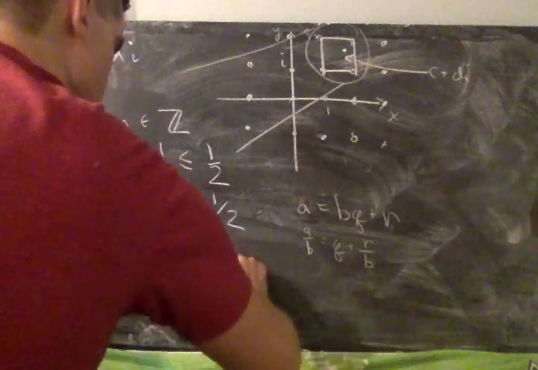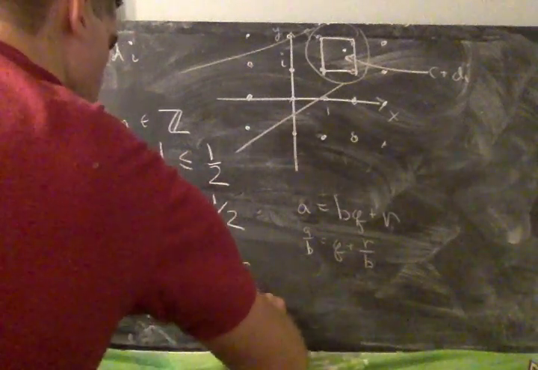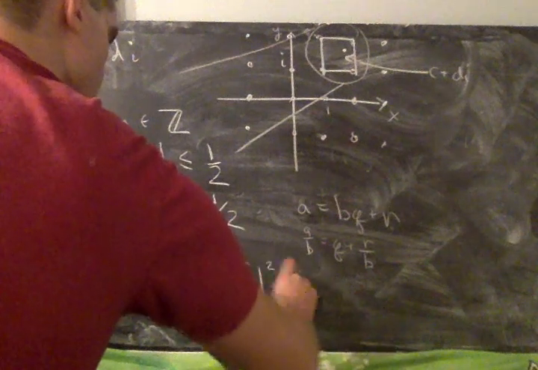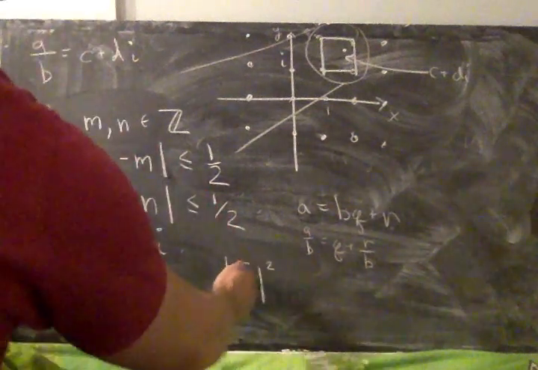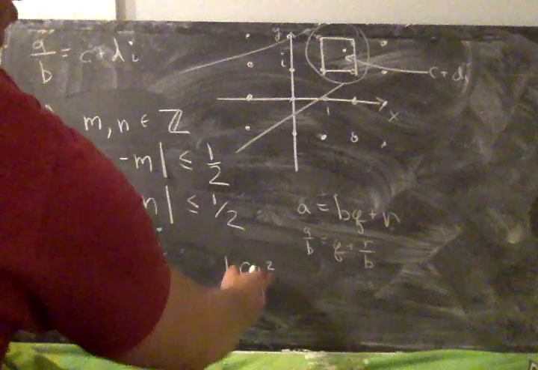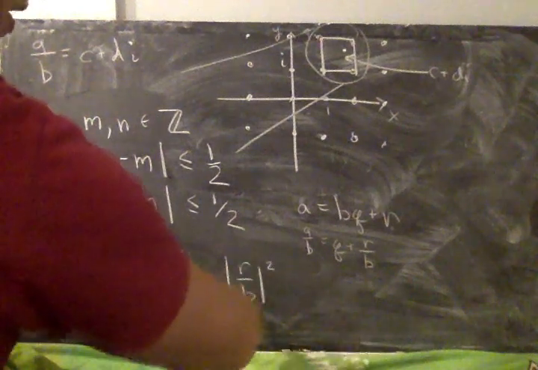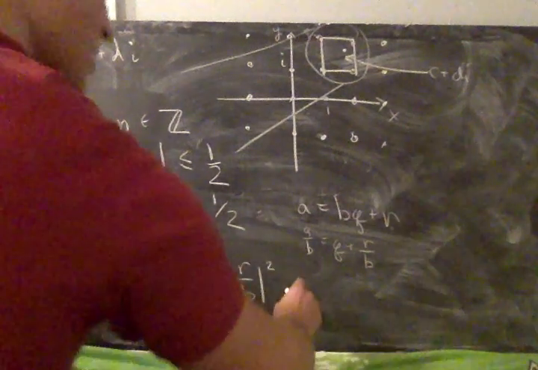And so what we're going to do is look at the norm of R over B squared, because I want norm of R squared to be less than norm of B squared. So I'm going to check that this norm squared is less than 1, and then that'll follow.